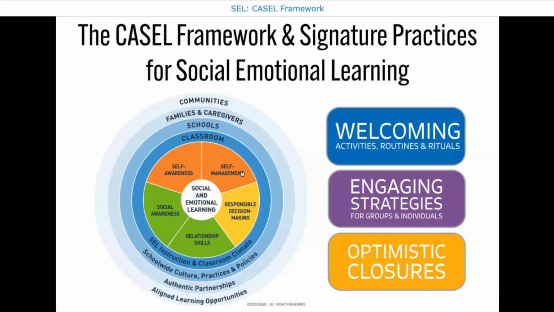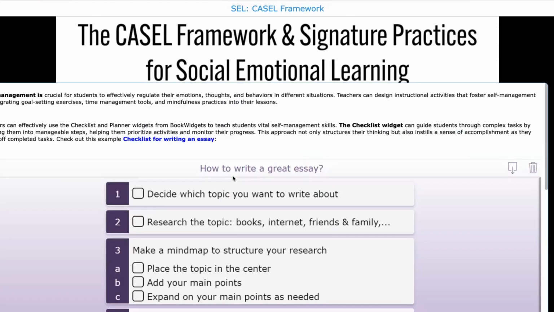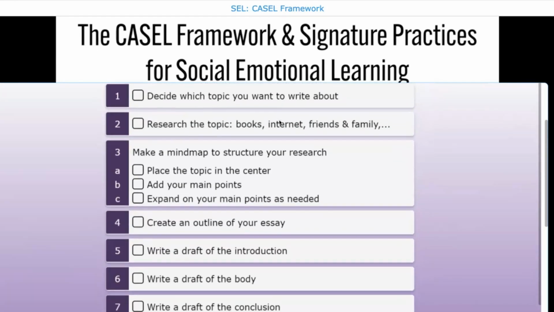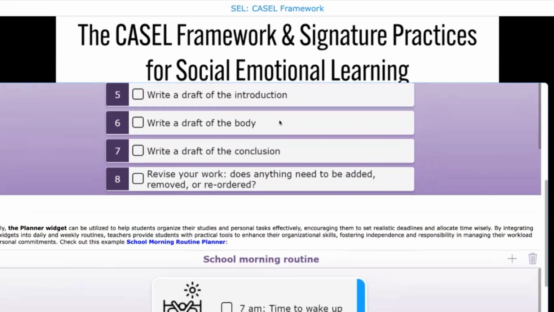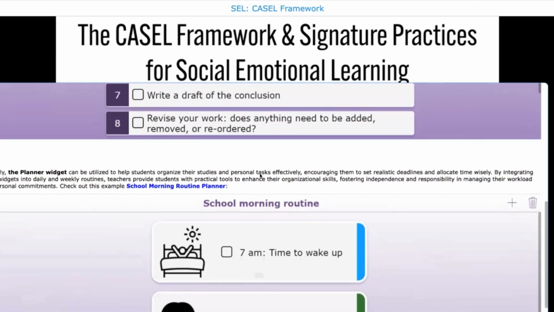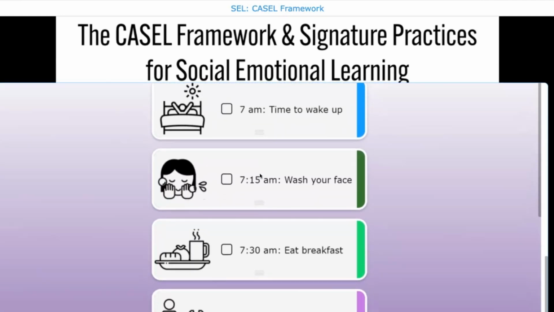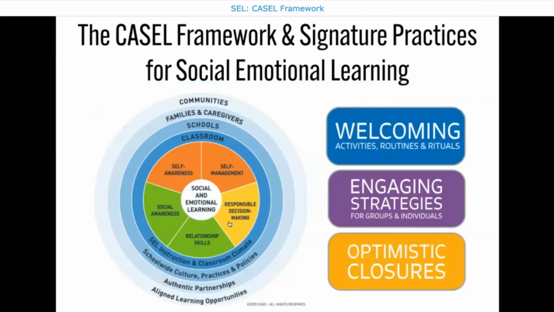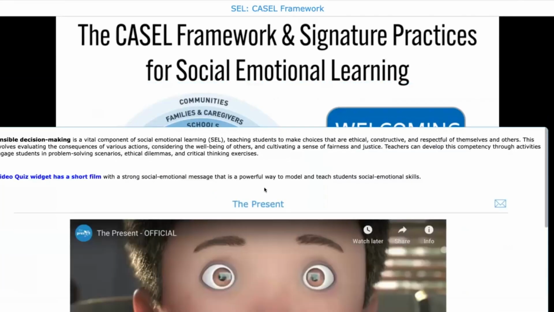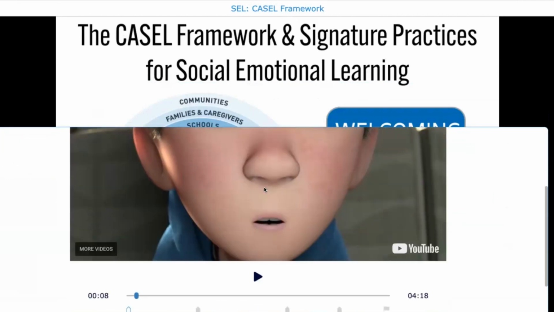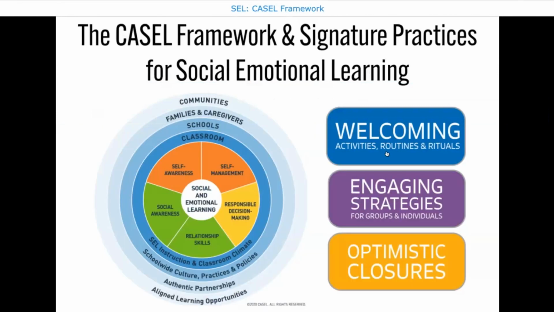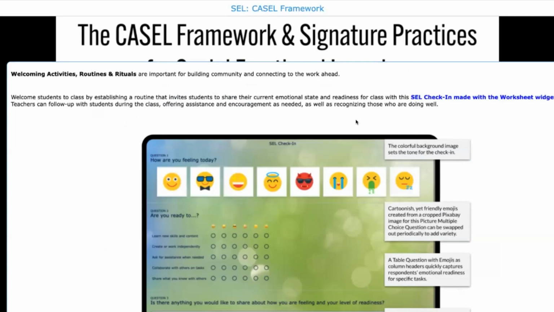So you can see that, to support students' self-management, you could use the checklist widget to have them understand order of events and their executive functioning. You can include a planner widget also, which I've mentioned before, to support their efficacy. Responsible decision making. Again, I have lots of examples within this that you can go exploring to see how you can use specific activities in BookWidgets to align with social emotional learning.